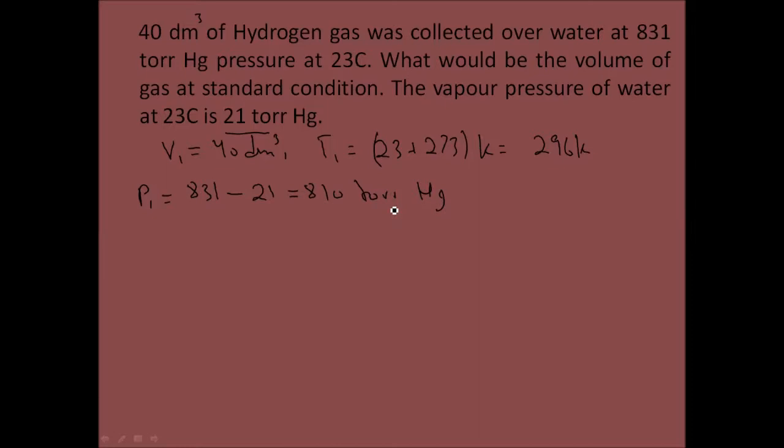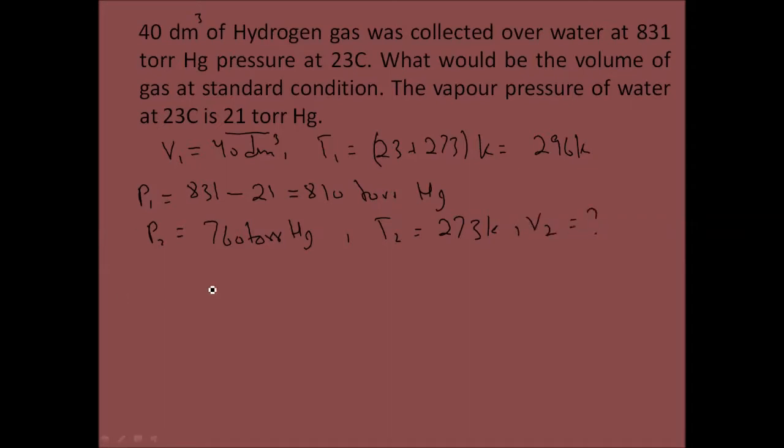Now, it is asked what would be the volume of gas at standard condition. The standard conditions mean P2, pressure 2, is 760 torr, and the temperature at standard condition is 273 Kelvin. Now we need to find the volume V2.